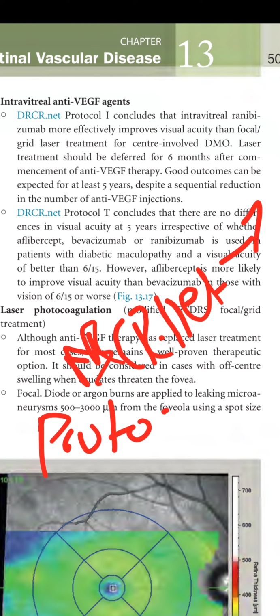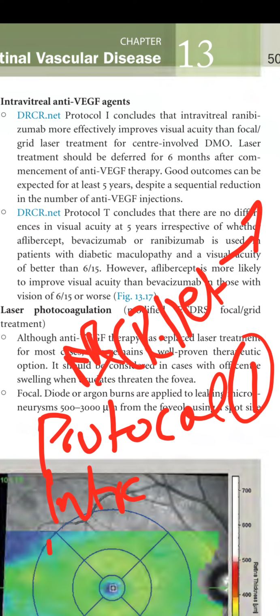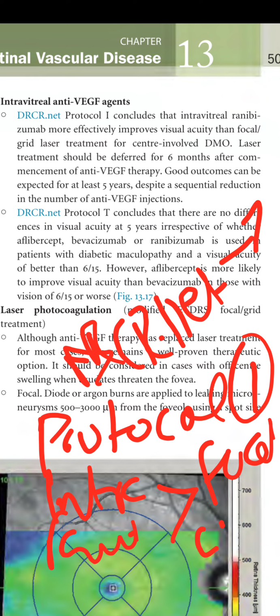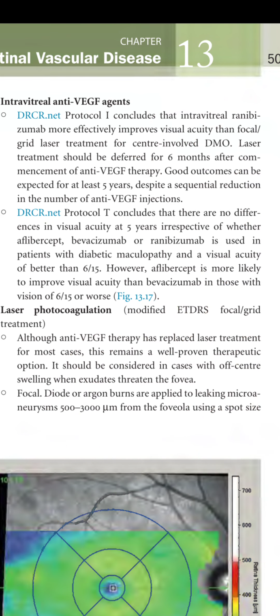Protocol I concluded that a patient on intravitreal ranibizumab has more improvement in visual acuity than with focal or grid laser treatment for centrally involved macular edema. Laser treatment in such patients should be deferred for at least 6 months after the commencement of anti-VEGF therapy, and even after 5 years, despite a successive reduction in the anti-VEGF agents, good outcomes have been reported.